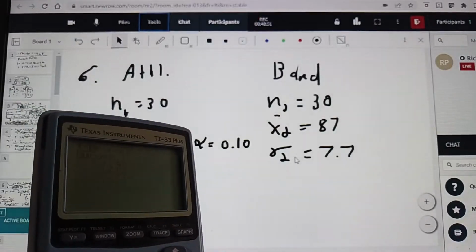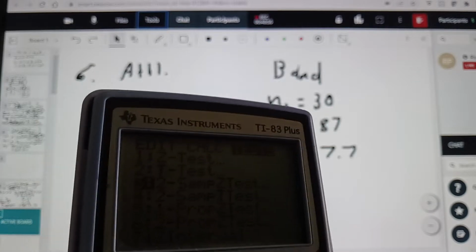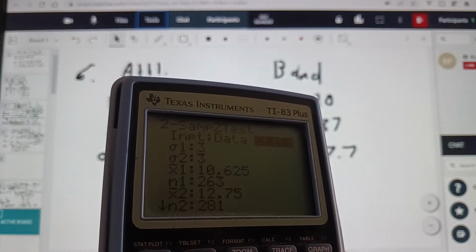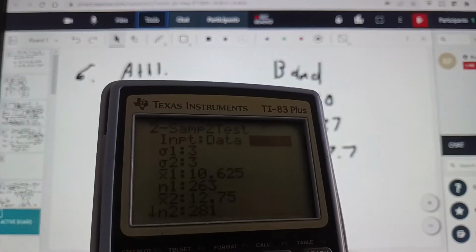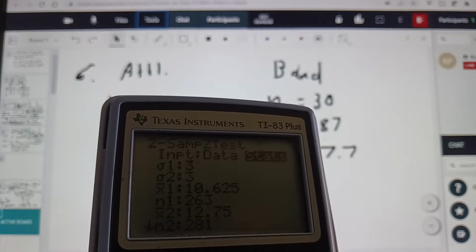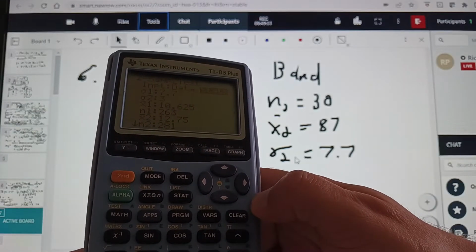Okay, so stat test number 3, two-sample z-test. Input will just be stats. You won't need data except for the before and after, which is a unique problem that's obvious when you have that. So they want sigma 1 first, 7.7. Sigma 2, 7.7.